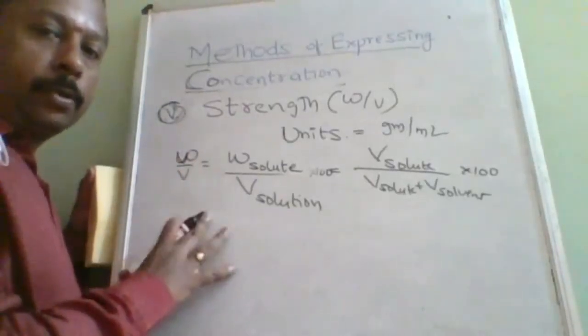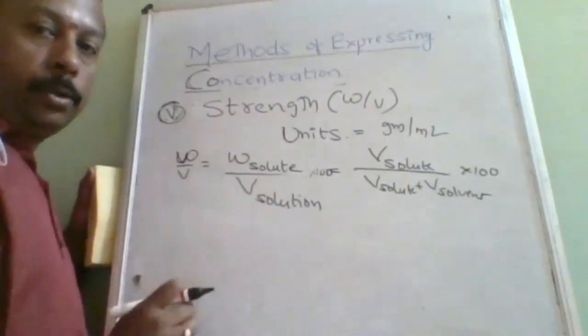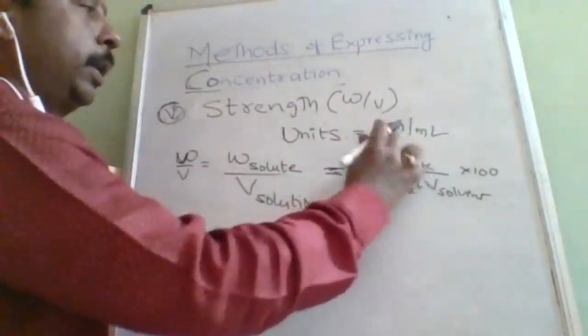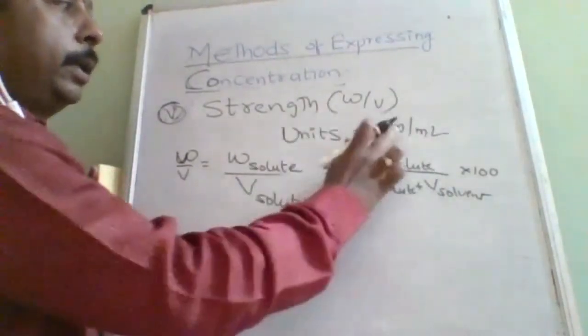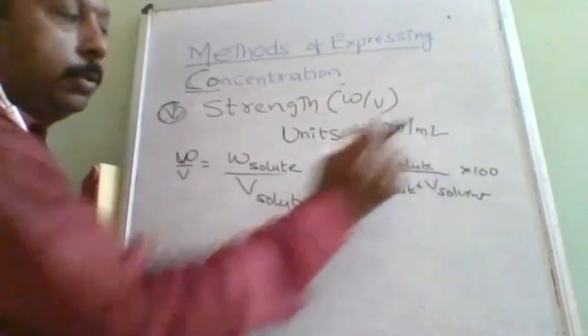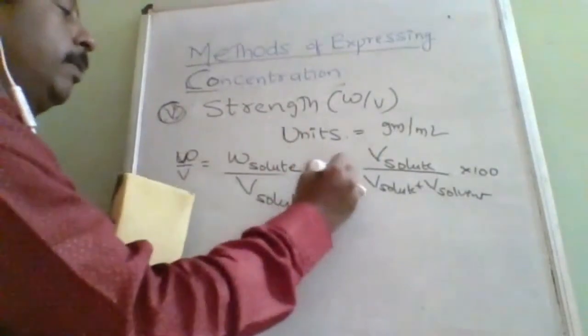But here it is not so. The numerator is about solute, the denominator is about solution. So don't get confused. They are not about the same thing. It is mass of solute by volume of solution.